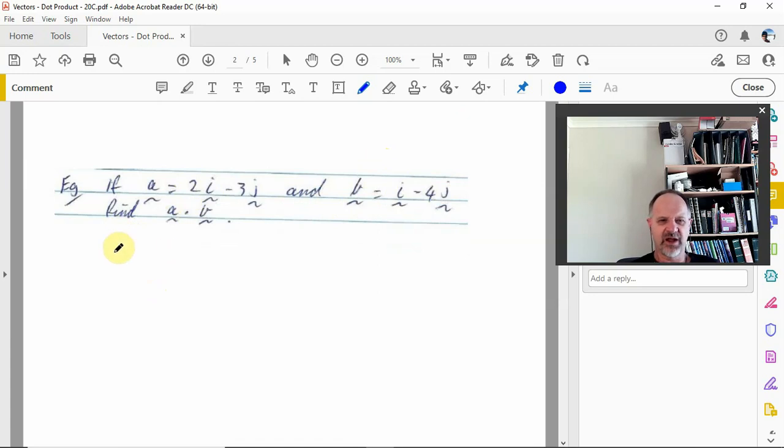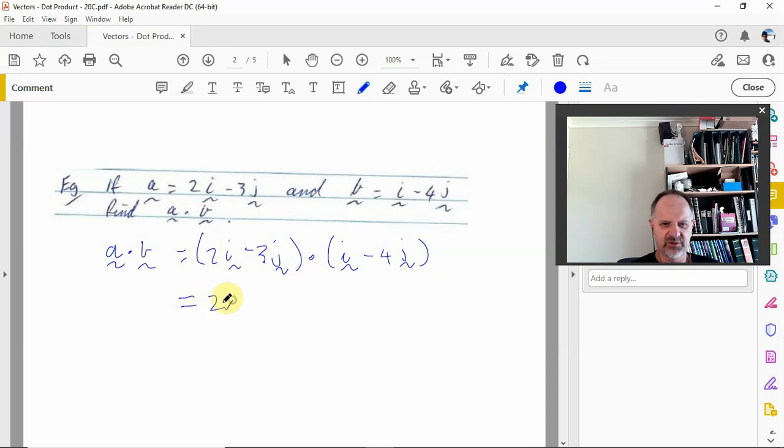So because we've got the algebraic method, we can say then that A dot B is simply 2i minus 3j dot product with i minus 4j. And as we've seen, all we need to worry about is the components, 2 times 1, because there's one i there, plus negative 3 times negative 4.